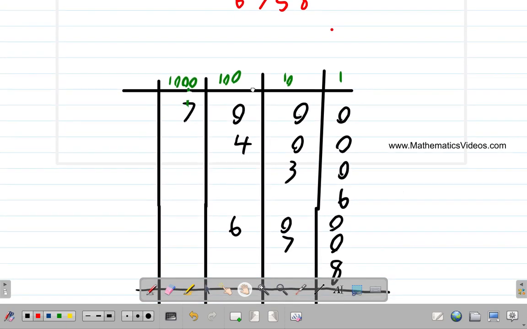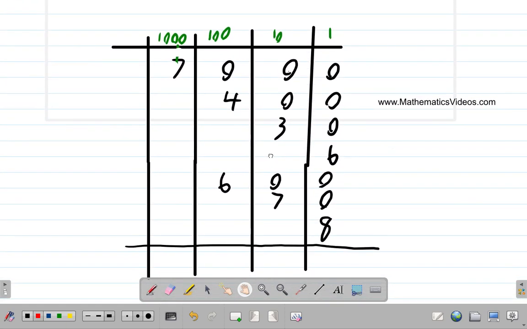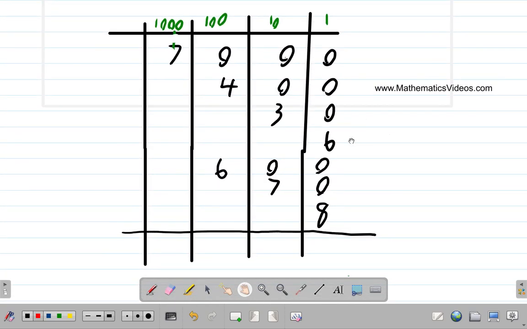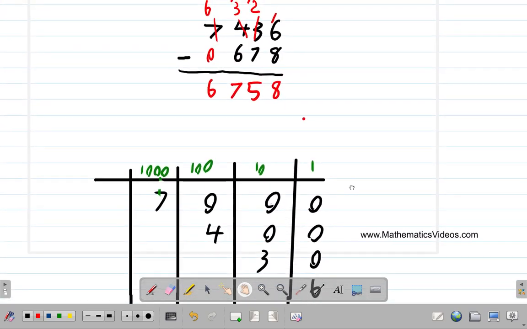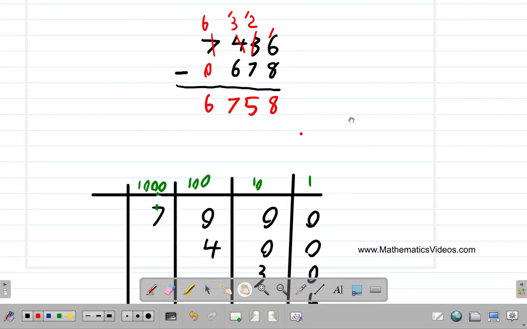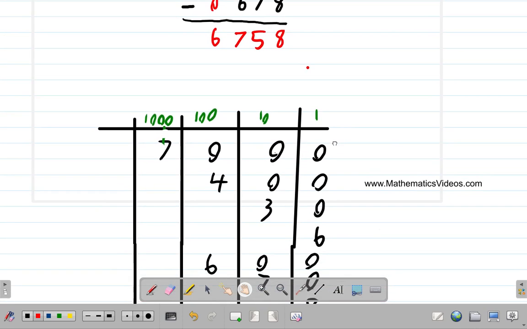Now, let's examine the process down here. The thing is, when it says 6 minus 8, what you really have is this, right? And then you say you can't, and borrow 1 over here. Then you have 2 that are 20 now, and 1 over the 6. That means you have 20 and 1, right?